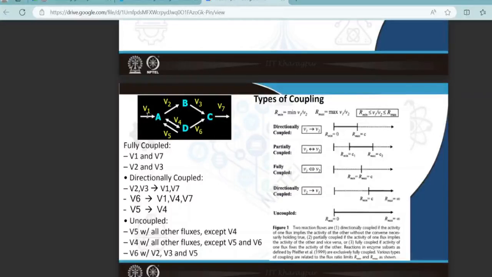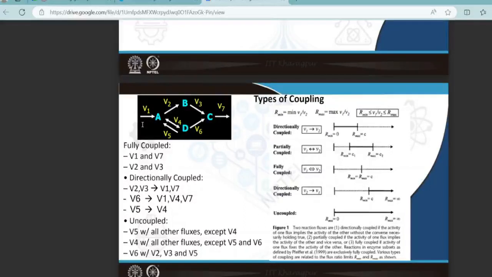That's the only way V1 and V7 are connected. So in this case, it is straightforward enough to call it fully coupled, independent of the flux values.